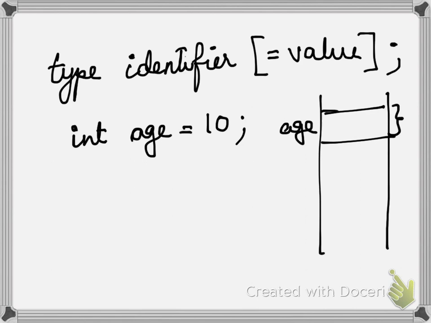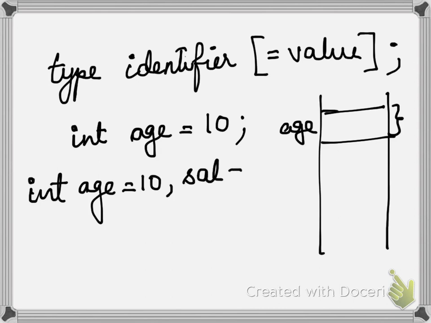Now you can also have multiple declarations in one line. Suppose I say int age equal to 10, then I want to declare another integer variable, so I'll just put a comma in the same line: comma sal, say salary, is equal to 10,000.